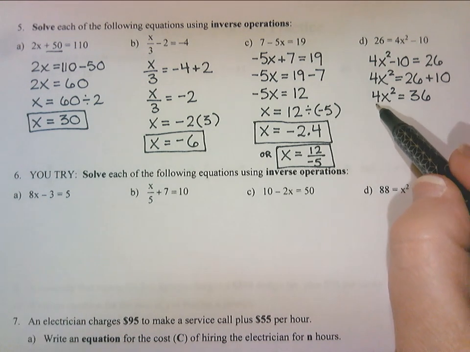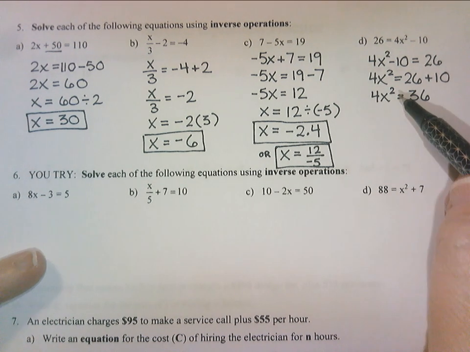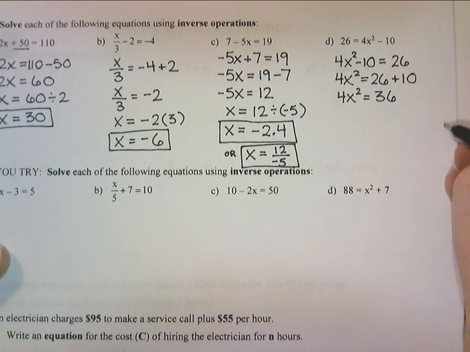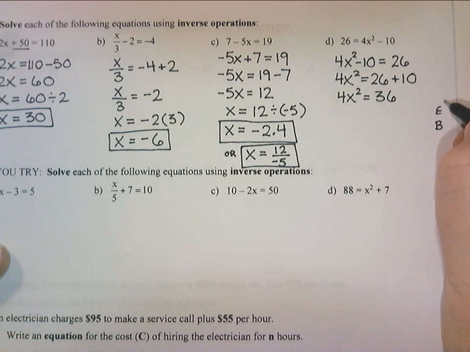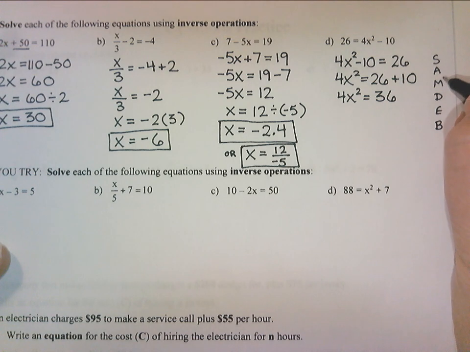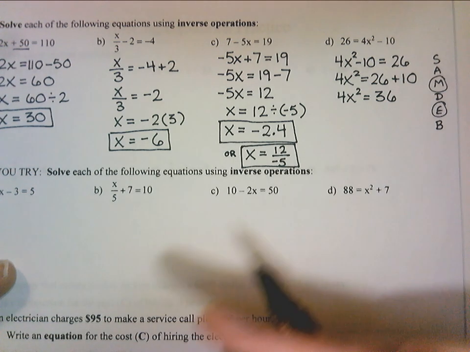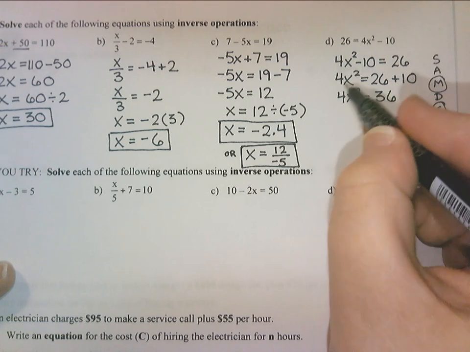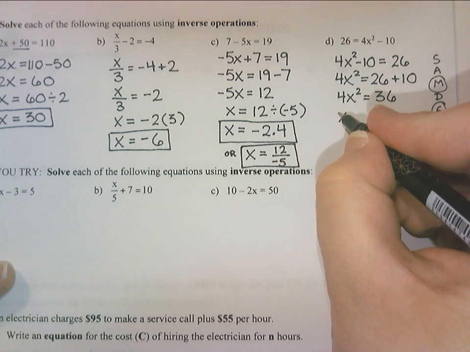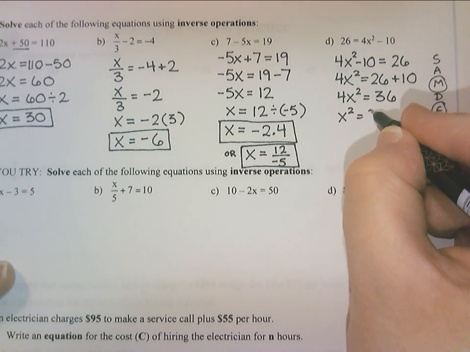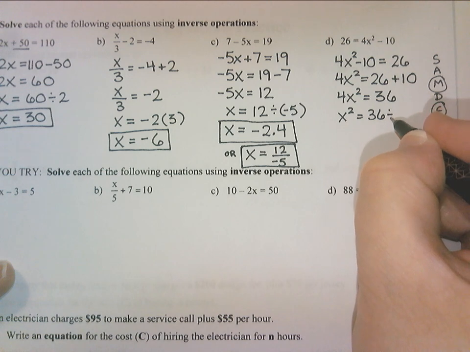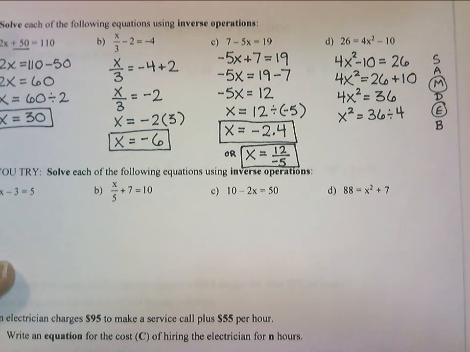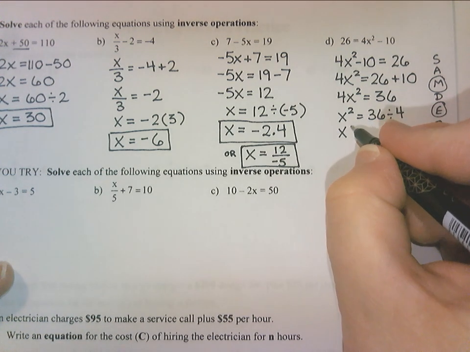Now we have multiplication and we have an exponent. If I'm doing order of operations backwards, right, we do the multiplication before we do the exponent. So I would eliminate that multiply by 4 by doing the inverse on the other side and divide by 4. 36 divided by 4 is 9.